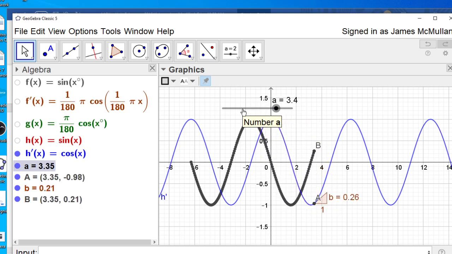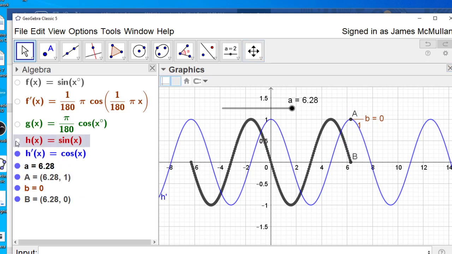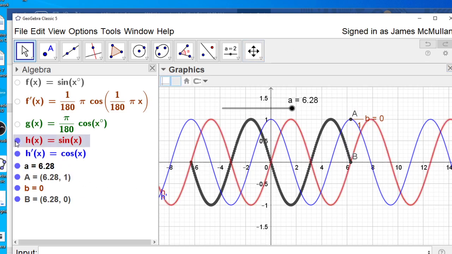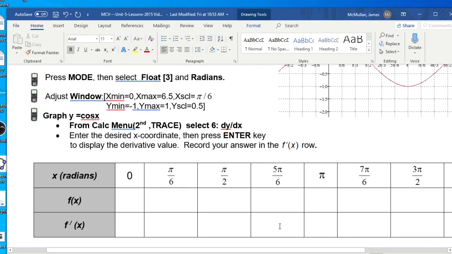However, it is not sine, because sine is this one. It's negative sine, this red one but flipped over. So the derivative of sine is cos, but the derivative of cos is negative sine.